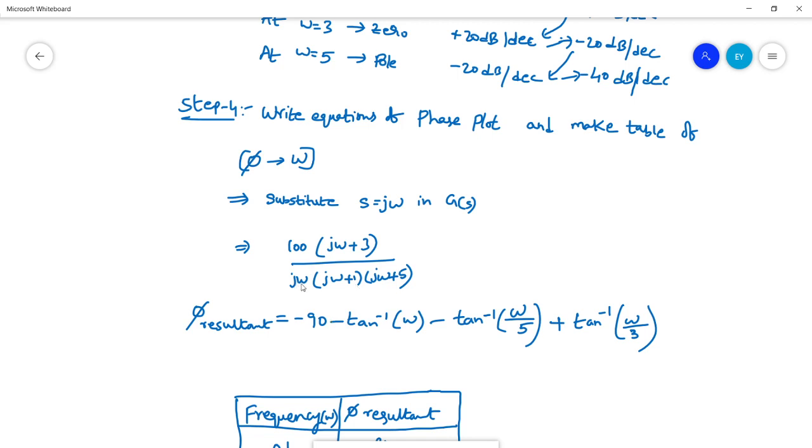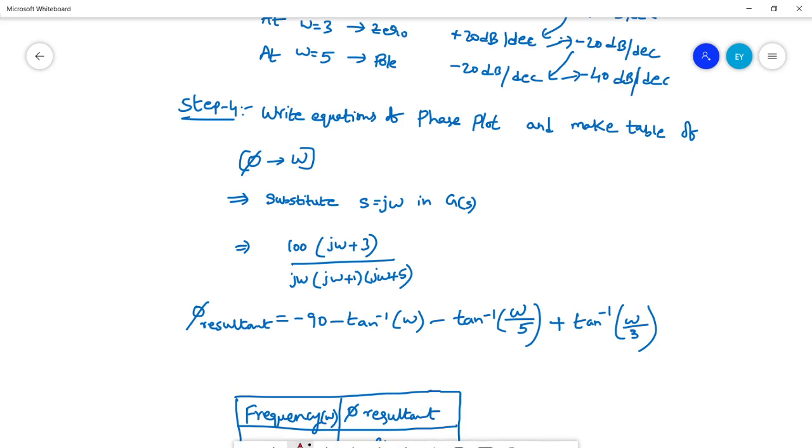So at j omega, it will contribute minus 90. At j omega equal to minus 1, we'll get minus tan inverse of omega by 1. And at j omega equal to minus 5, minus tan inverse of omega by 5. At j omega equal to 3, tan inverse of omega by 3. This is contributed by the zero, and the remaining terms are contributed by poles, right?